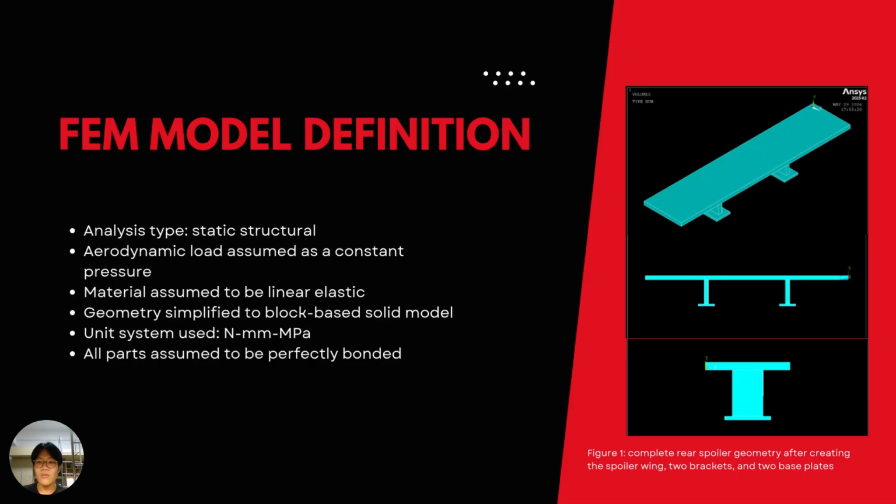Third, the real spoiler shape was simplified into a block-based model. This makes the analysis easier while still keeping the main load-carrying parts of the structure. The analysis used the Newton-millimeter-megapascal unit system for consistency. And finally, all parts were assumed to be perfectly bonded so that they behave as one body.